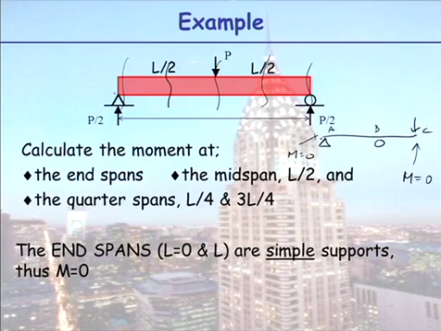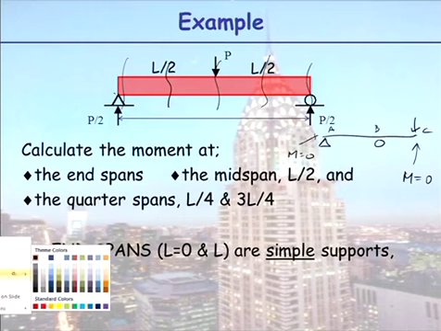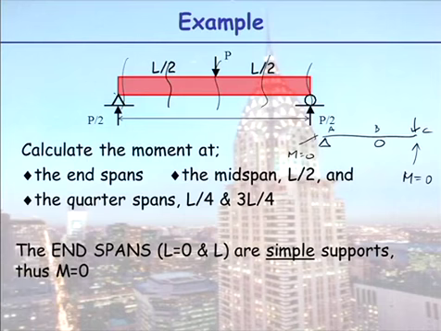So can you imagine how this thing is deflecting? This beam here is deflecting. It can't deflect here at the support, it can't deflect here at the support, so it's deflecting like that. Sorry, I meant to choose red. My beam is curving here, is it not? If it's curving, there's a moment there.